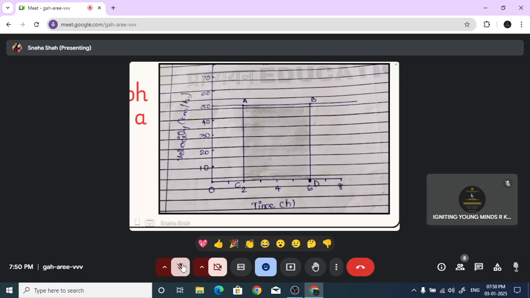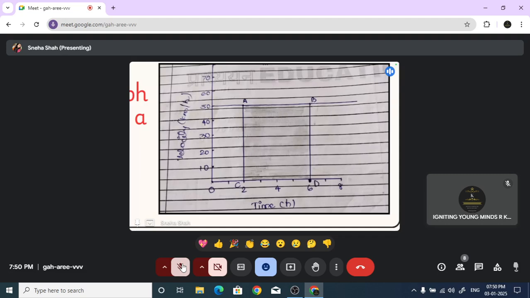No, ma'am, it is moving, but with the same velocity. Exactly. With time, it is changing its position. It has reached from A to B as seen in the graph, but it has not increased its velocity. That means the acceleration of this object is zero.